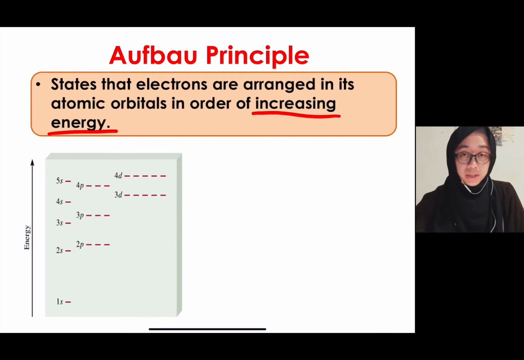The diagram here shows the energy of each orbital. As you can see, the energy increases from below to the one yang atas. The lowest energy here is the 1s orbital, followed by 2s, 2p, and so on.